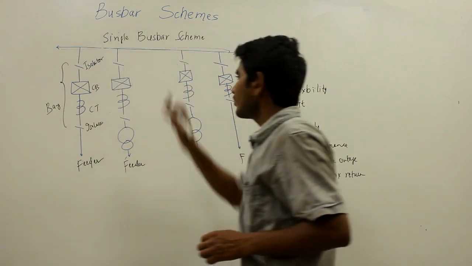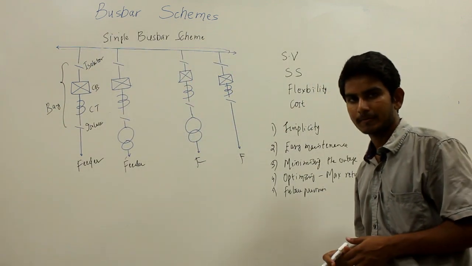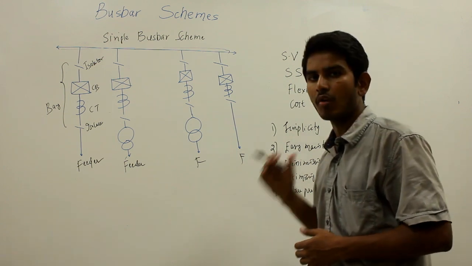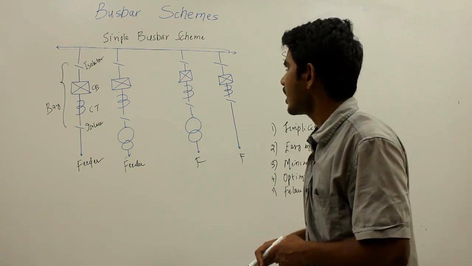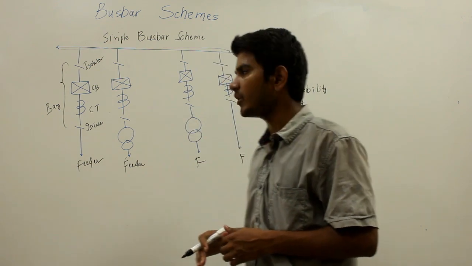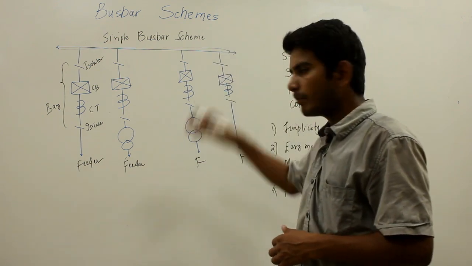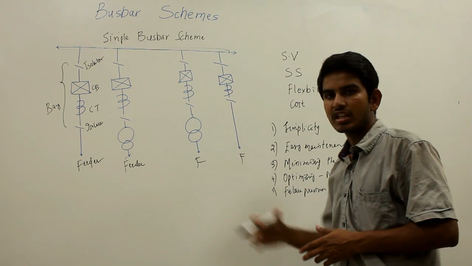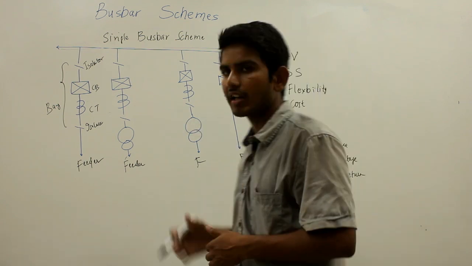So the single busbar scheme is the cheapest and the simplest of the different busbar schemes available, and the advantage of this scheme is it is simple in design, it is cost effective, and it is convenient to operate.